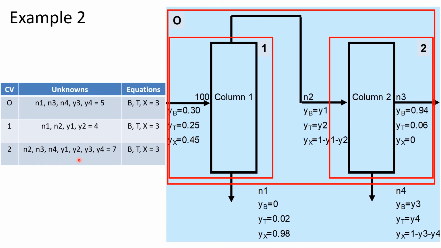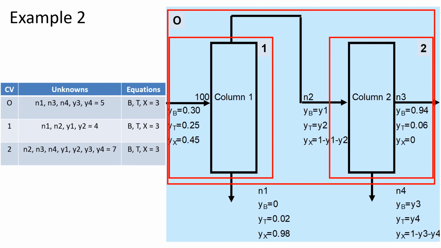And we also have, as unknowns, Y1, Y2, Y3, and Y4, for a total of 7 unknowns. And as with the other 2 control volumes, there are only 3 equations we can write because there are only 3 components. So if we were to try to solve our conservation of mass equations for any of these 3 control volumes, we'd be stuck because we wouldn't have enough equations to solve for all the associated unknowns.